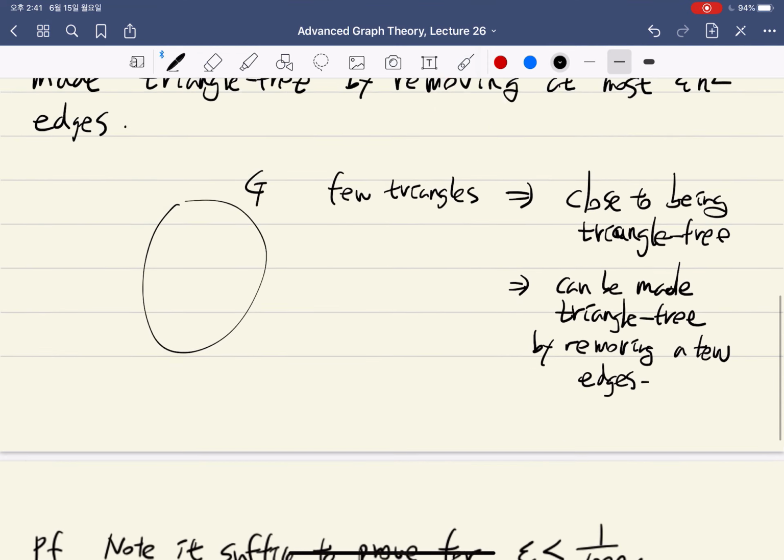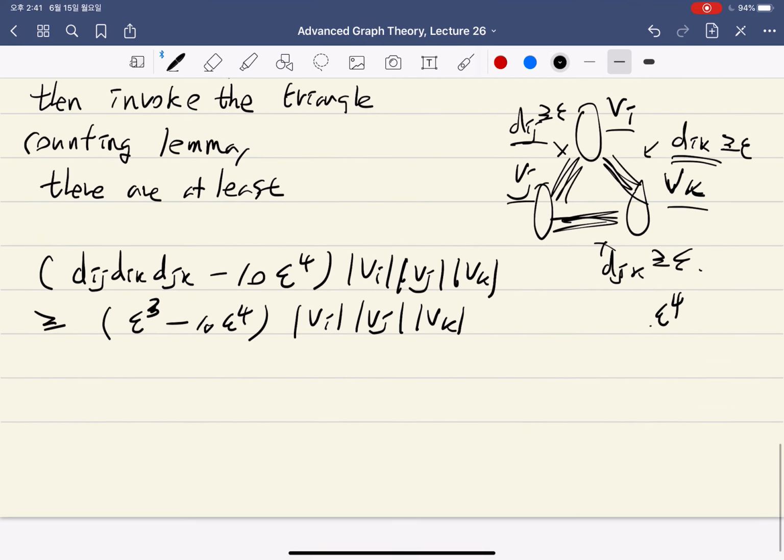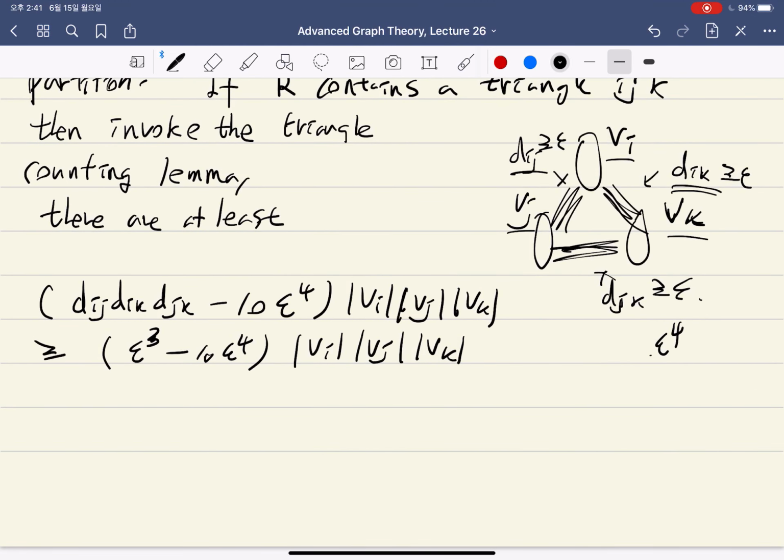But we assume that epsilon is less than 1 over 1000. So this is actually epsilon to the 4 times n over r to the 3, because this is equitable, so we know the size of these parts.